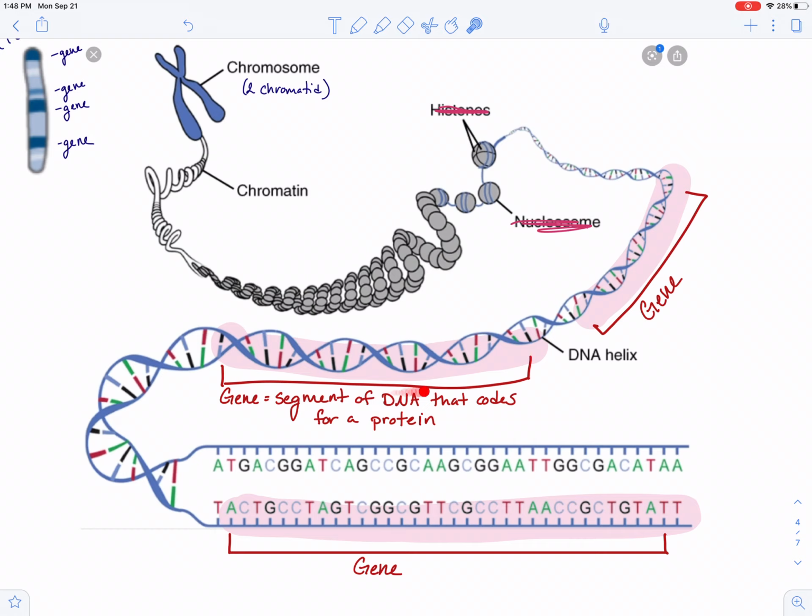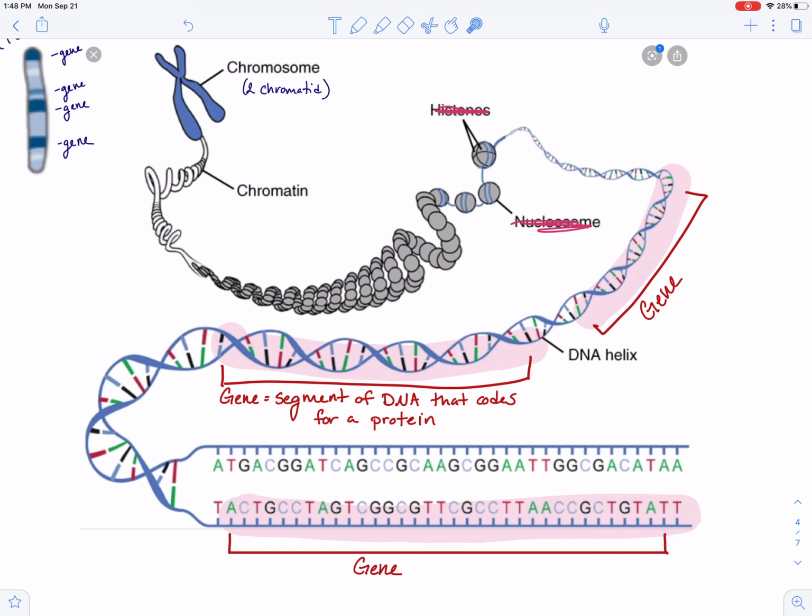Now, another new term might be the term gene. So a gene is a segment of our DNA that codes for a particular protein. So on our very, very long DNA strand, we might have segments of it that code for actual proteins. And those proteins will do their jobs, and then we'll see our observable traits. I'll give you guys some examples of those later. And then in between the genes, there might be non-coding regions of DNA.